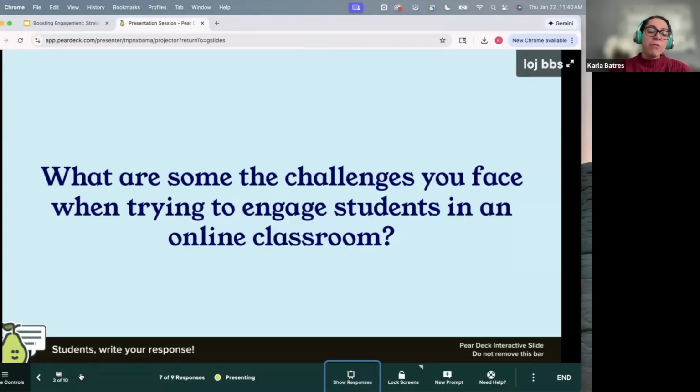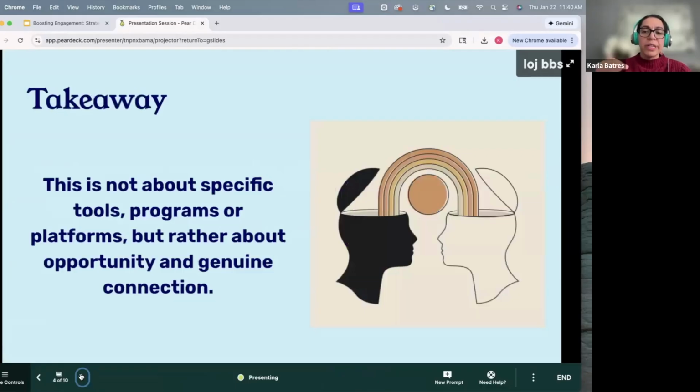Now, before I continue to demo some of my tools, one other thing I want to make clear is that even though I am showing you the specific strategies, programs and tools that I use, this is not actually about pushing you to use the same tools, right?